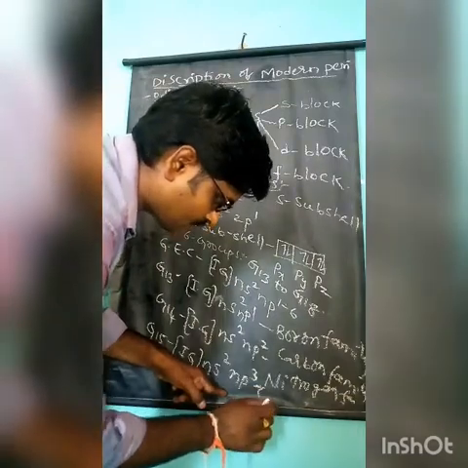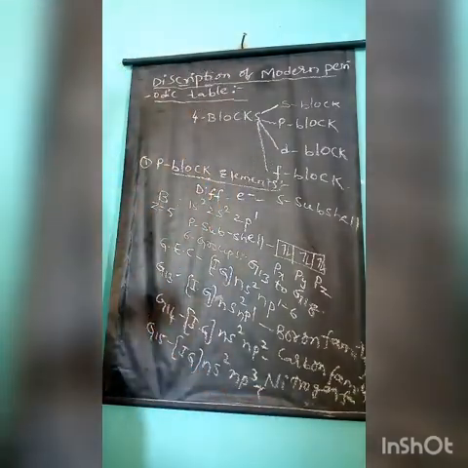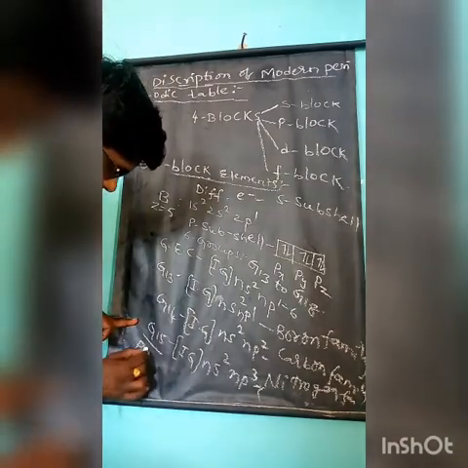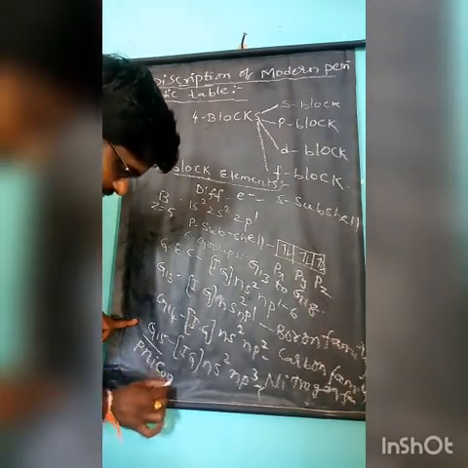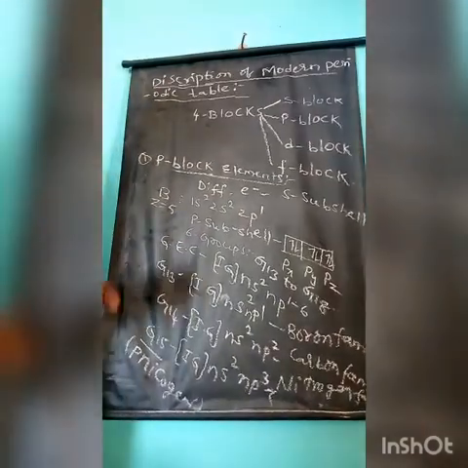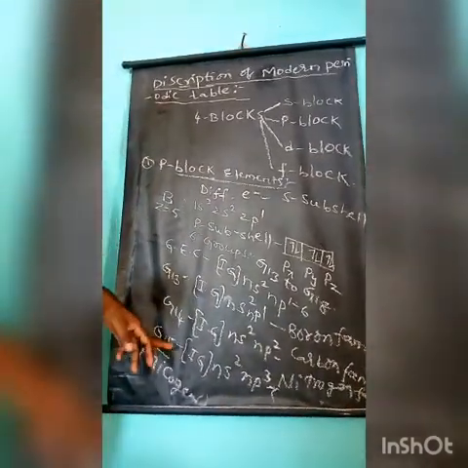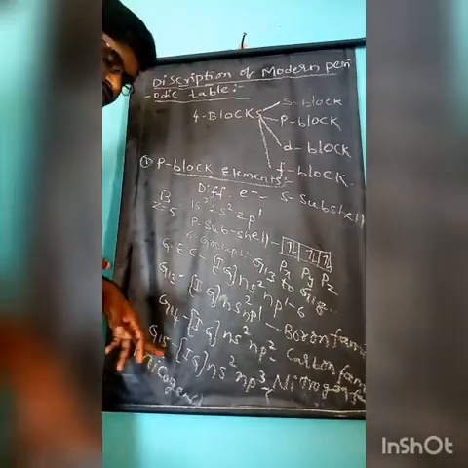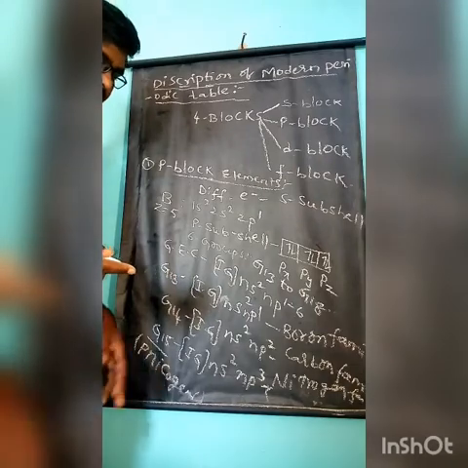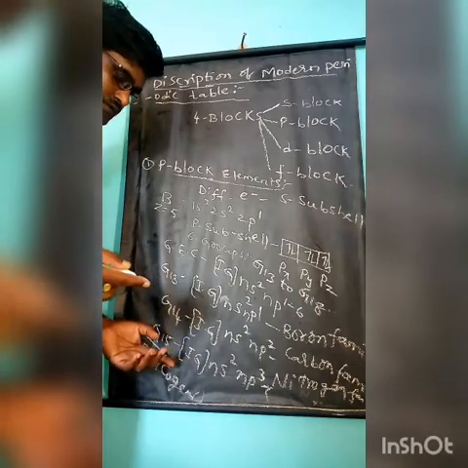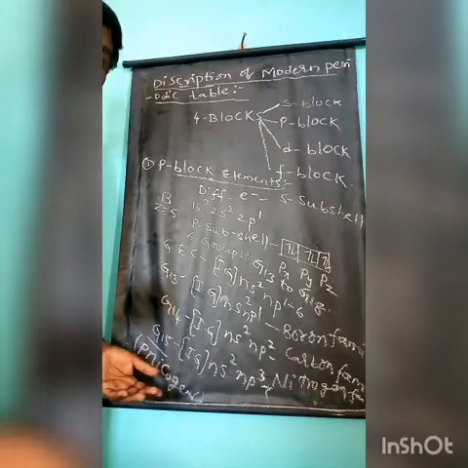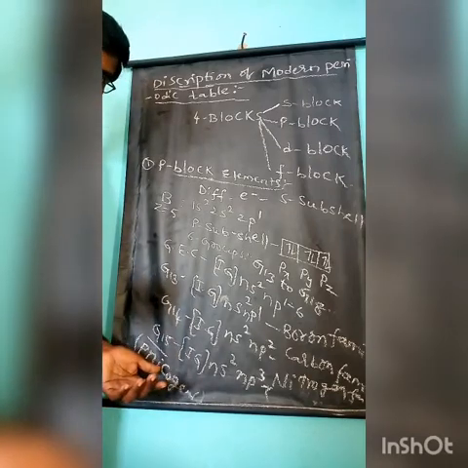So it is also called the nitrogen family. This G15 group is also called pnictogens, because the elements of group G15 are nitrogen, phosphorus, arsenic, antimony, and bismuth. When these elements burn in the presence of oxygen, they give pungent-smelling gases.